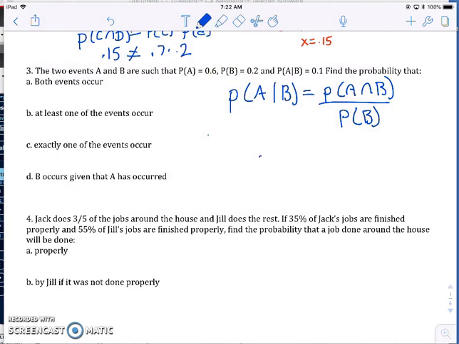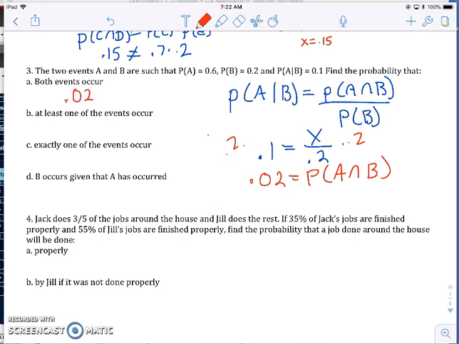The probability of A given B is 0.1. We don't know that top part, but we know the probability of B is 0.2. So if we solve this, times 0.2, we have 0.02 equals x, which is the probability of A and B. So the probability of A and B is 0.02.